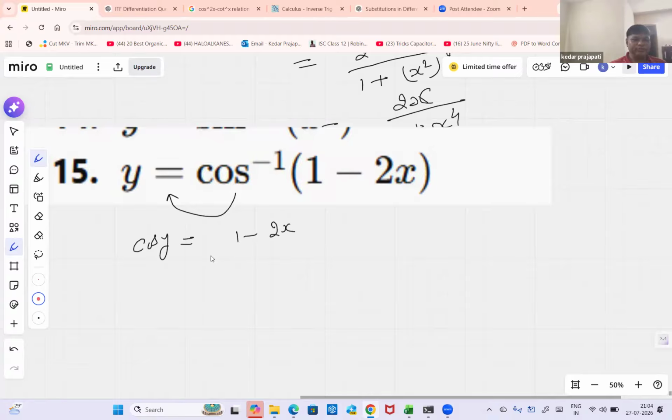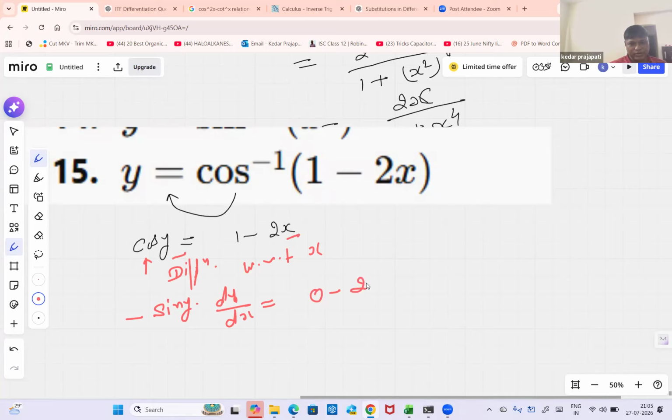Now differentiating with respect to x, this will become how much? Cos y is minus sin y, then dy by dx is equal to 0 minus 2.